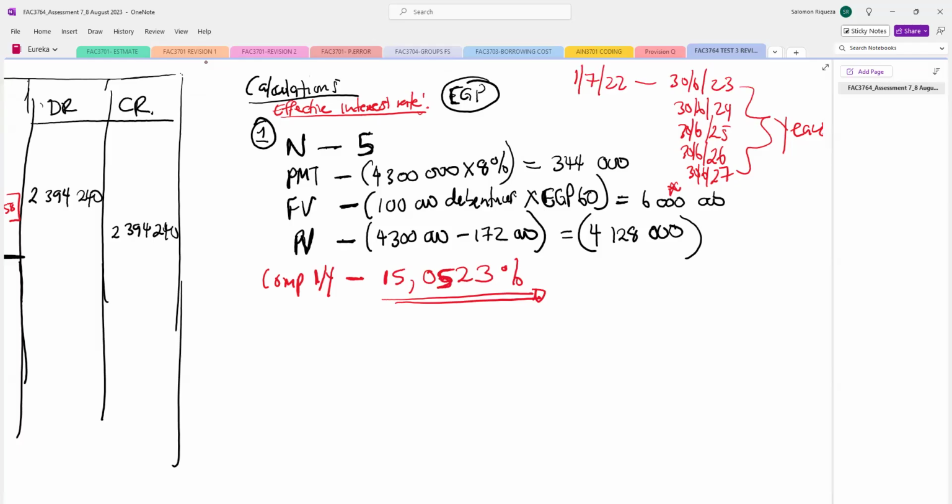Were we all able to get our interest? Who did not get the interest rate? Or should I say who did not get it correctly? I also didn't get it correct. It says no solution. Which calculator? HP. Okay, so it's the HP.